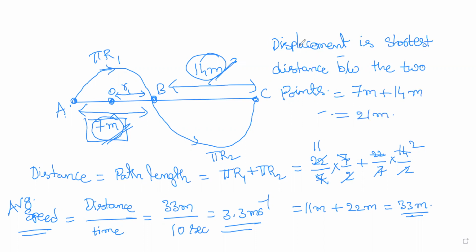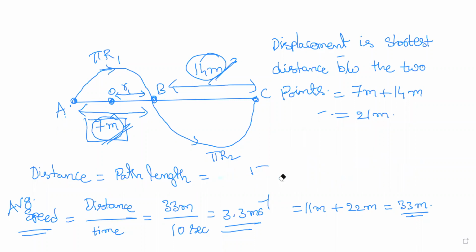And now once you have the displacement in hand, you can find the velocity. So we will find the average velocity from this. What is average velocity? V average happens to be net displacement divided by the total time taken.